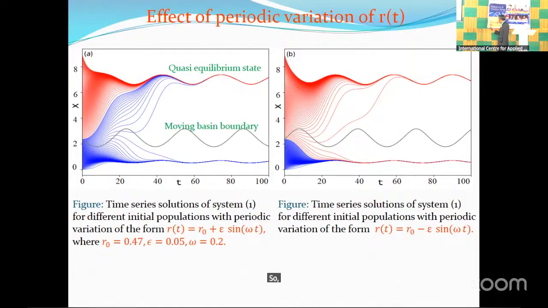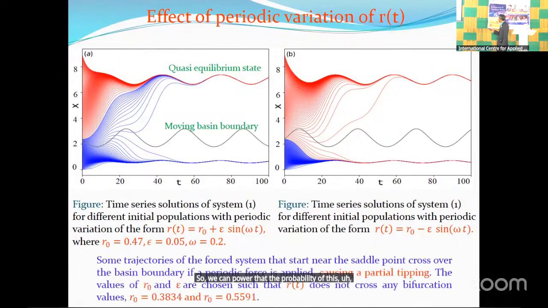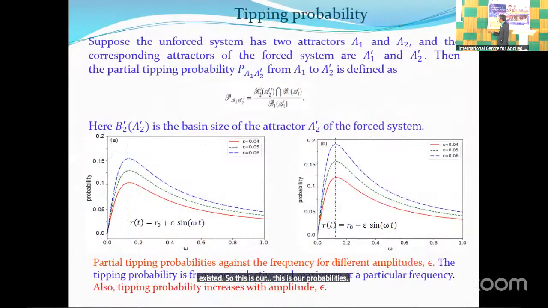So we can plot the probability of this exchange. This is the partial tipping probability against the frequency omega for different values of periodic strength.